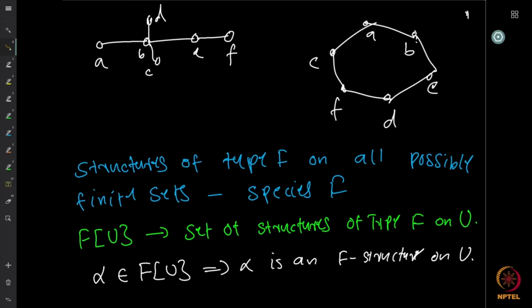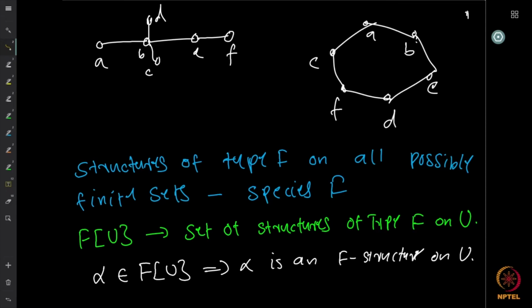So now, similarly, we can do this for any other object. For example, I can say species of graphs or species of permutations, right? Which consists of all possible permutations you can make on all possible finite sets, right? Now, you collect together the set of all permutations, let's say, you can make on a fixed set, let's say U, right? So that I can denote by F of U, right?